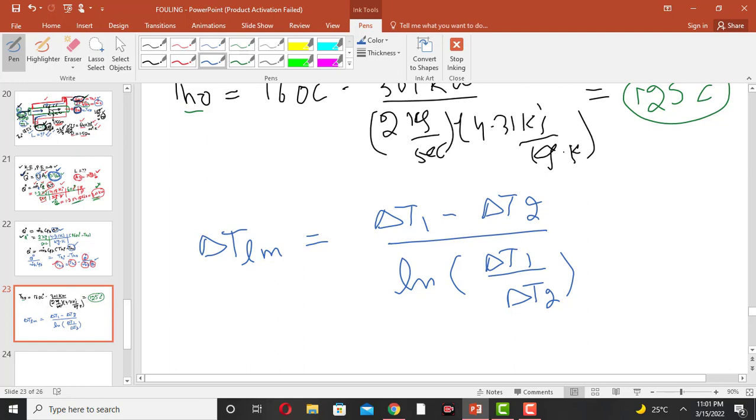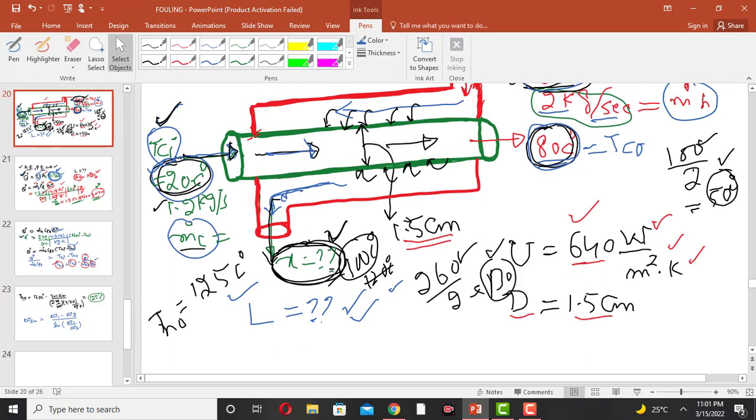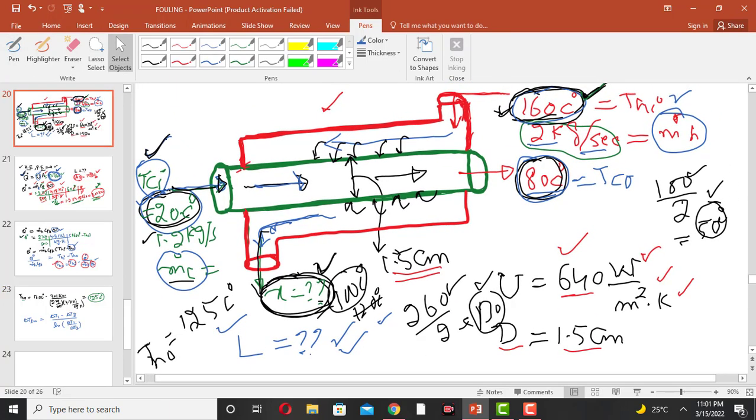Now the delta T1 and delta T2. Delta T1 is the difference between the hot fluid inlet temperature and the cold fluid outlet temperature, that is Thi minus Tco.